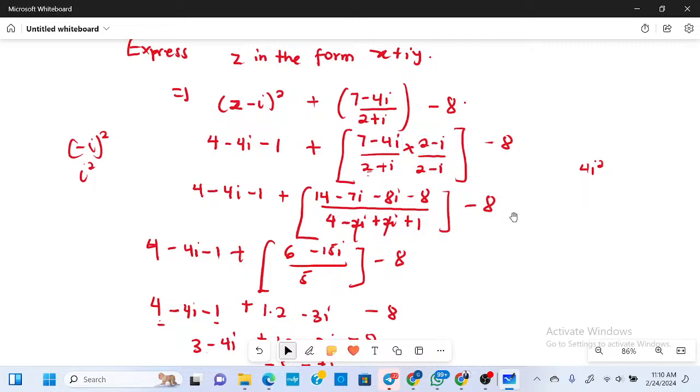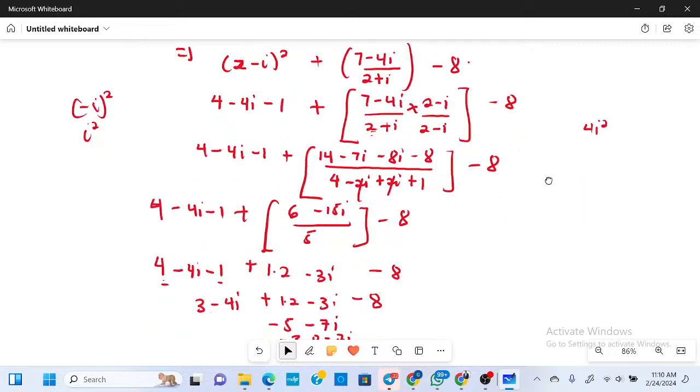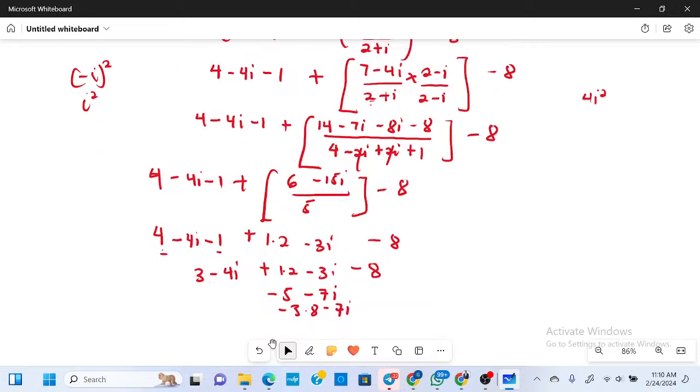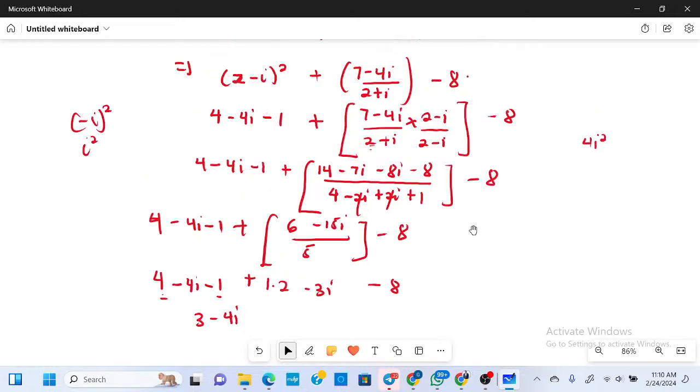Please, let's check these parts before we proceed. So there is a mistake here. From this part, I was multiplying 4i by negative i. So it should have given me minus 4, not 8. Sorry, this place is minus 4.